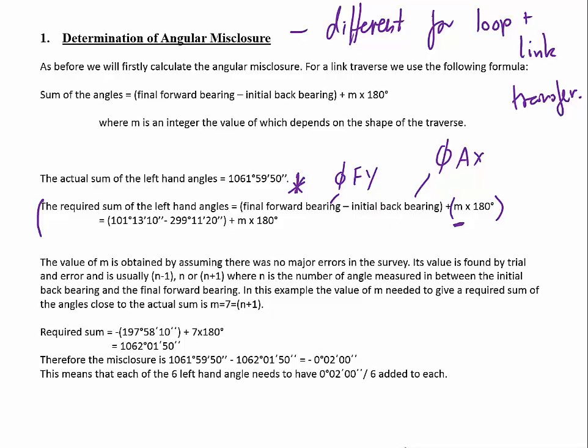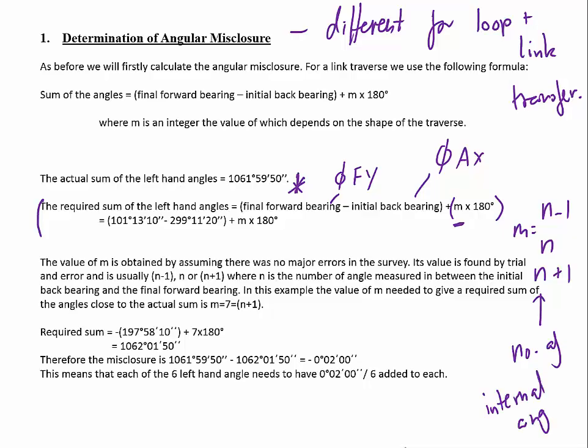The reason it changes is you might have a traverse that bends in on itself one way, it might bend in on itself the other way, or it might be fairly straight. And depending on the shape of your traverse, m will either be equal to n minus 1, n or n plus 1, where n is the number of internal angles measured.